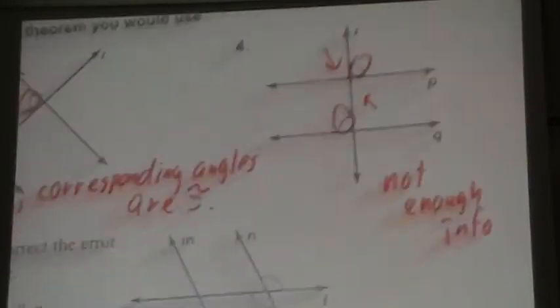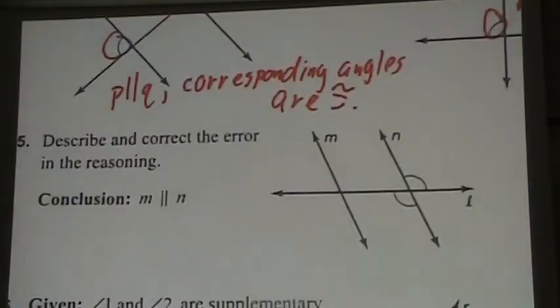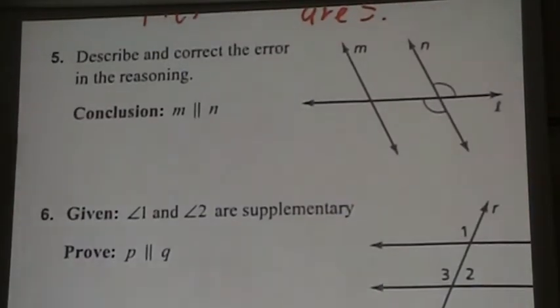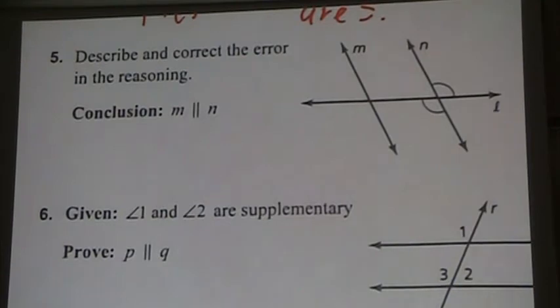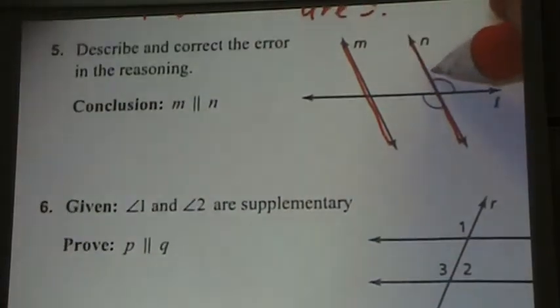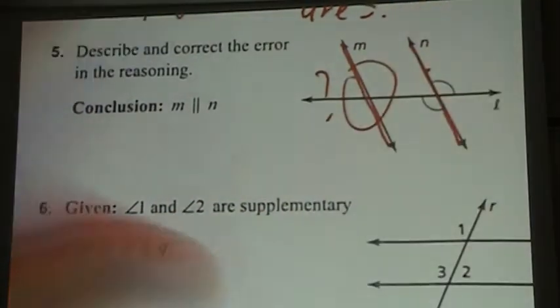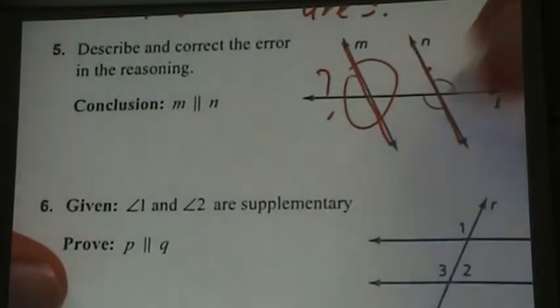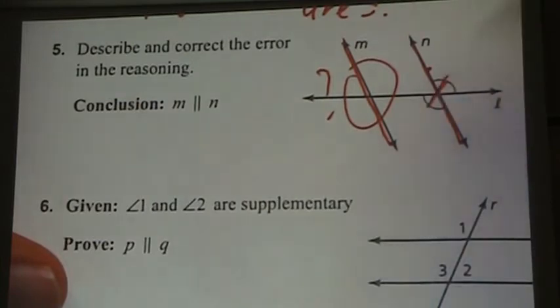Now, I'm going to show you guys number 5. Check this out. This says, what's the problem? Or find the error. Looking at this, M is parallel to N. Well, hold on. Here's M. Here's N. Do you have any angles relating M and N? You don't even know any of these guys. You know these angles are congruent. Well, what kind of angles are those? Vertical.